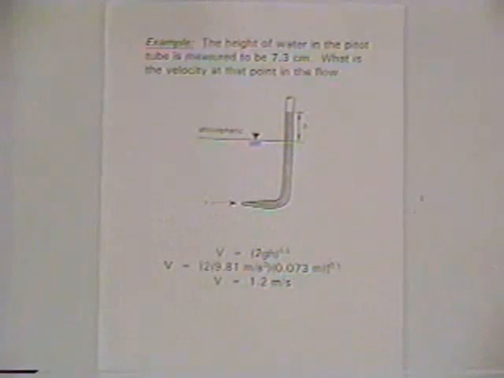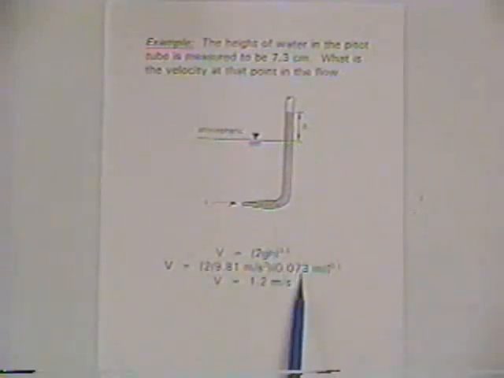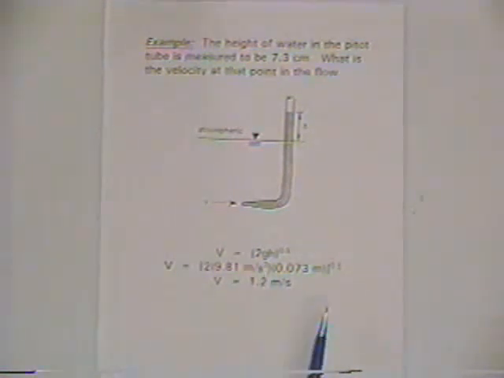All the problems are the same for a pitot tube. You start with the energy equation. It's going to come down to this equation from the previous page of notes, and so we just plug in our measured 7.3 centimeters here, getting the units consistent. We plug it in meters, since we're going to be using meters per second squared for the acceleration of gravity, and we get a velocity of 1.2 meters per second.